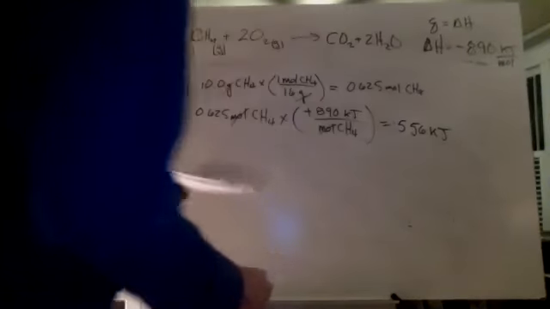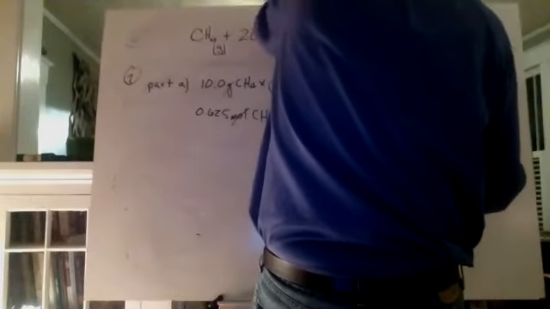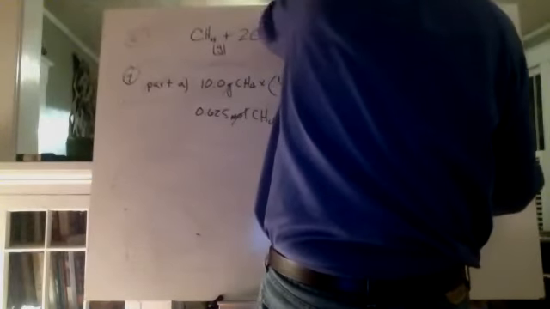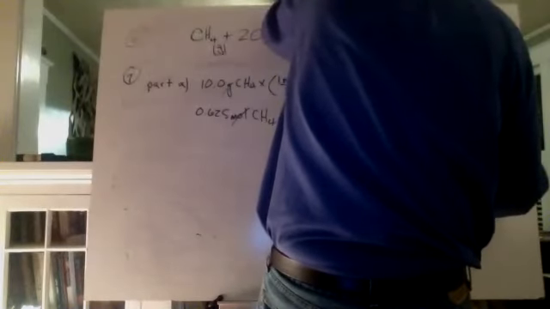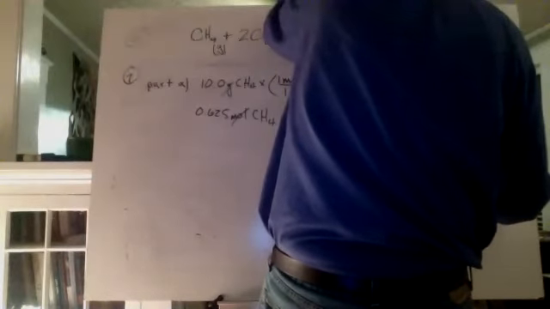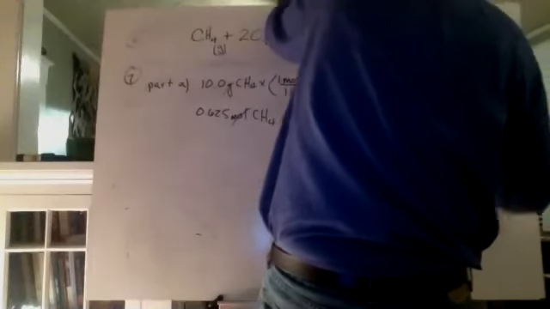556 kilojoules of heat energy that are produced. Okay? And that 556 kilojoules is equal to 556,000 joules.